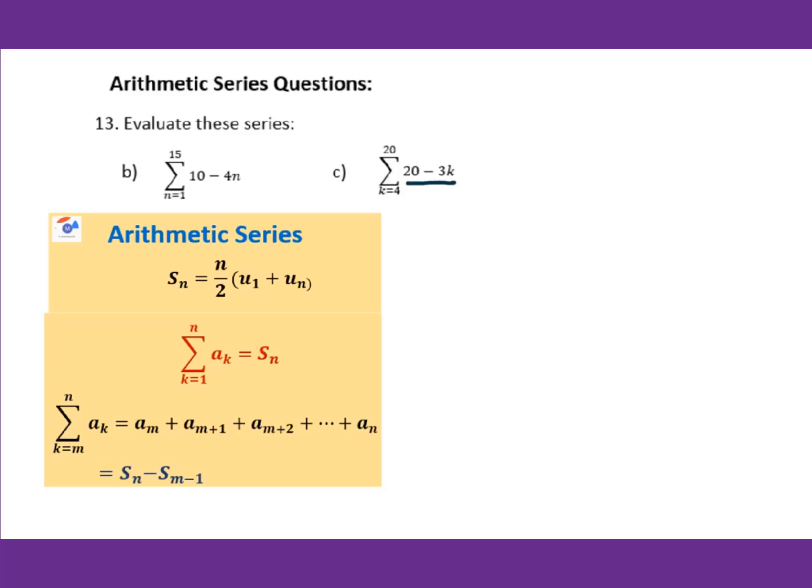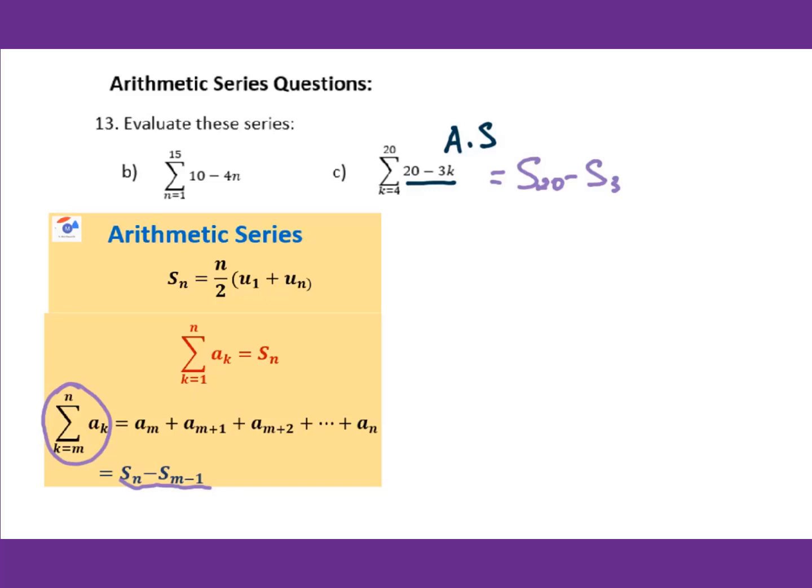Look at C. This is still a linear function, therefore it's an arithmetic sequence. According to this formula, you will get S sub 20 minus S sub 3. Therefore, we need to figure out S sub 20 and S sub 3.